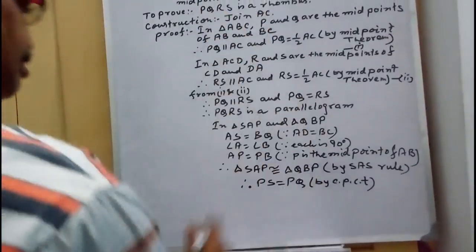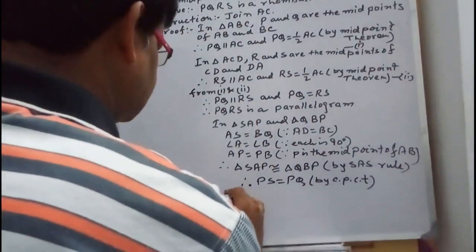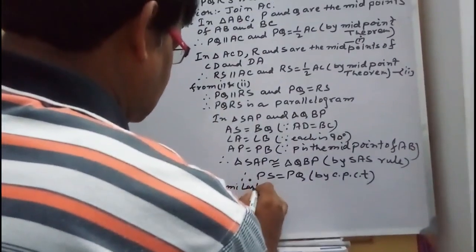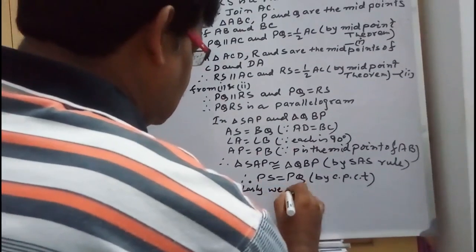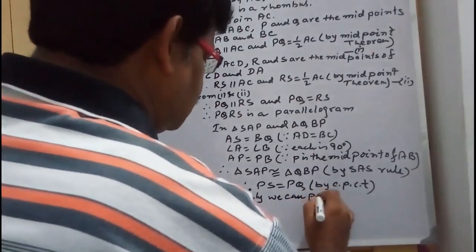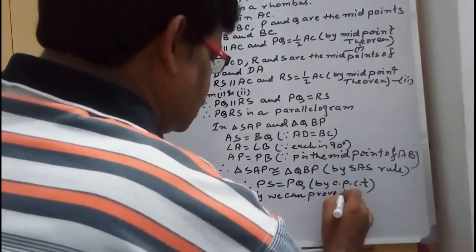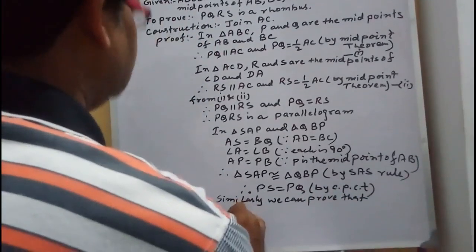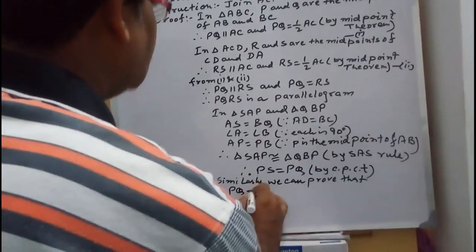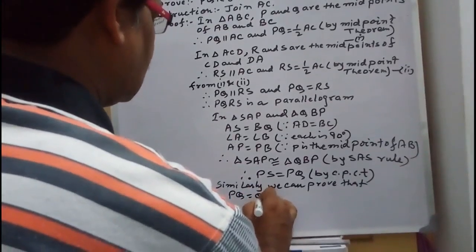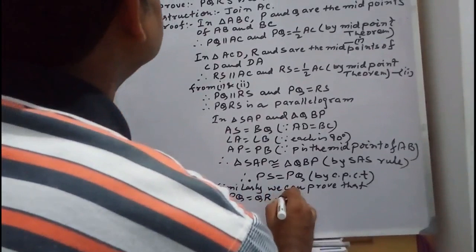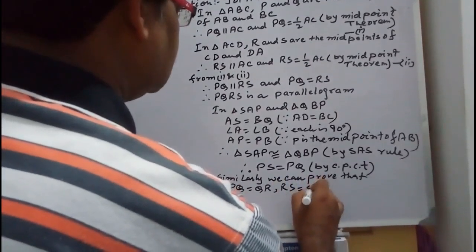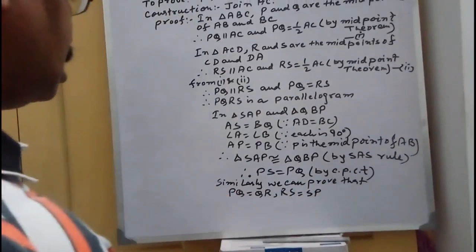So similarly, we can prove that PQ is equal to QR, RS equal to SP.